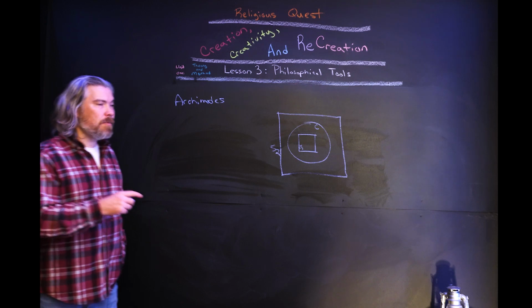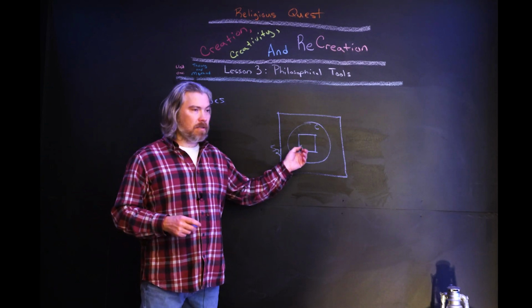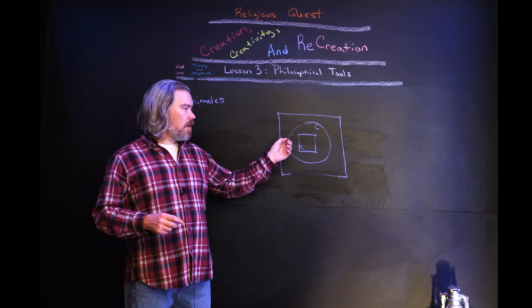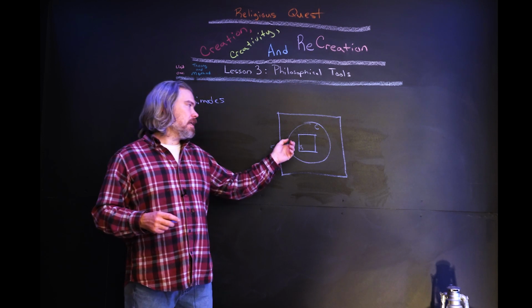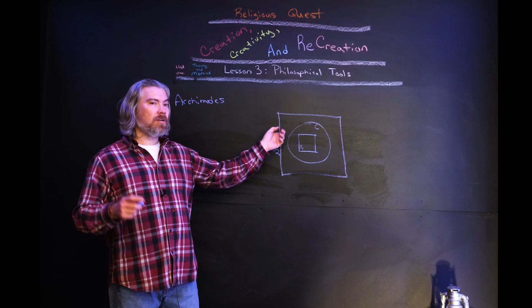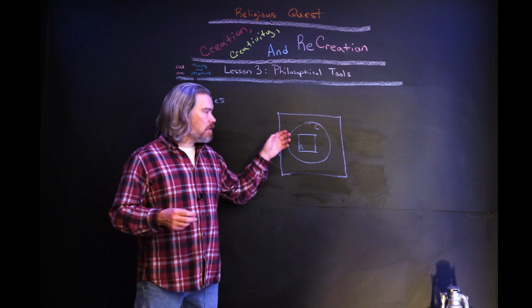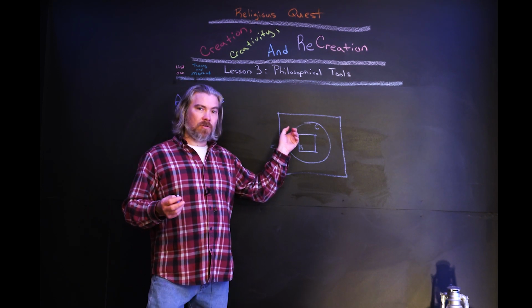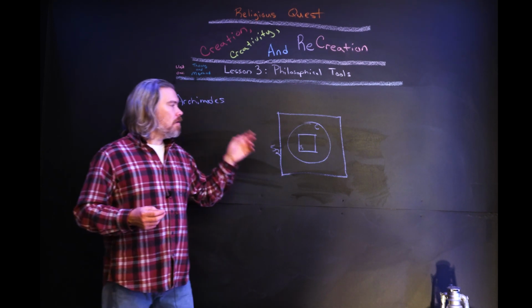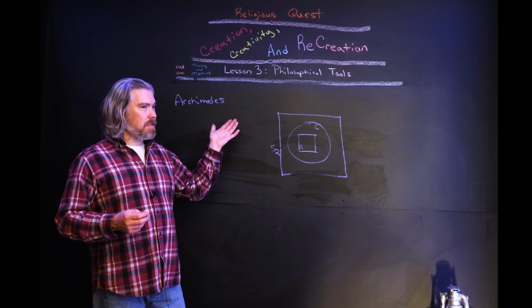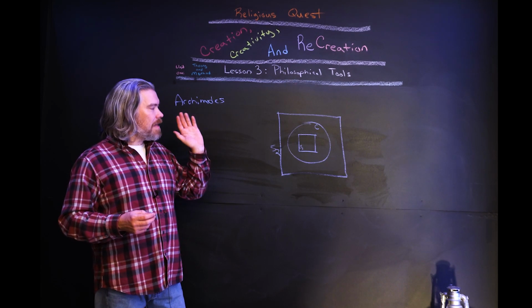Now the perimeter of square 1 is smaller than the circumference of circle C, and the perimeter of square 2 is larger than the circumference of circle C, obviously. Archimedes had this postulate.